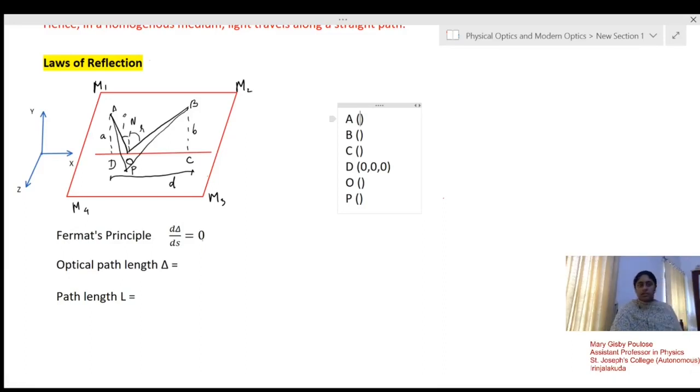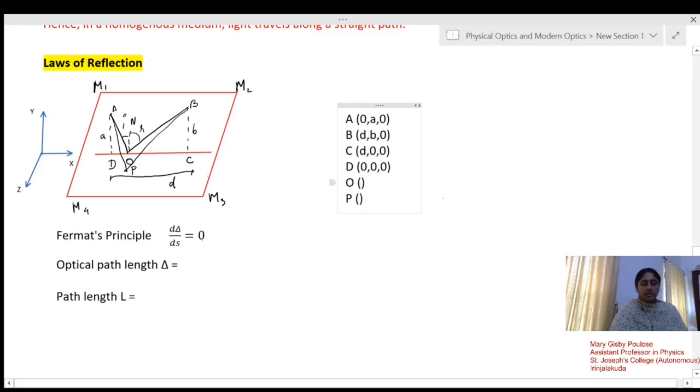Okay. So the coordinates of A can be written as x-axis 0, y-axis a, and z-axis 0. B can be written as x-axis d, y-axis b, z-axis 0. C can be written as x-axis d, y-axis 0, z-axis 0. D is the origin. O is a variable.